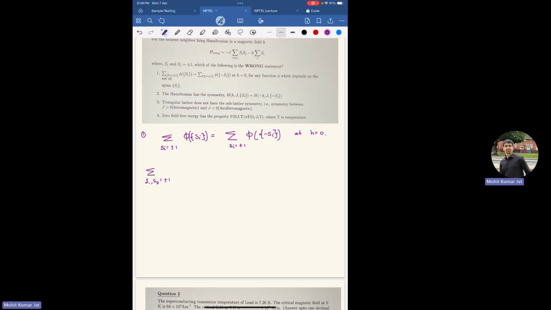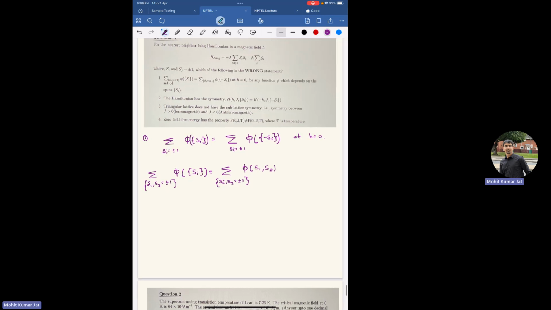That's what is given. Phi of Si is equal to the summation over S1, S2 equals plus minus 1 of phi of S1 S2.